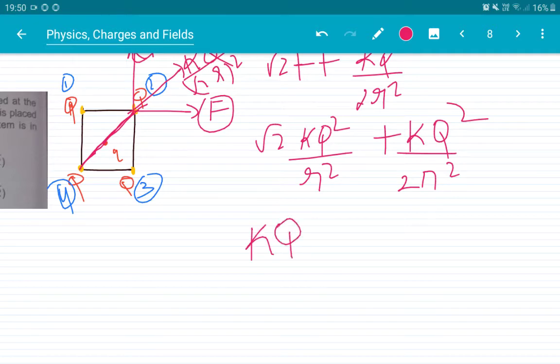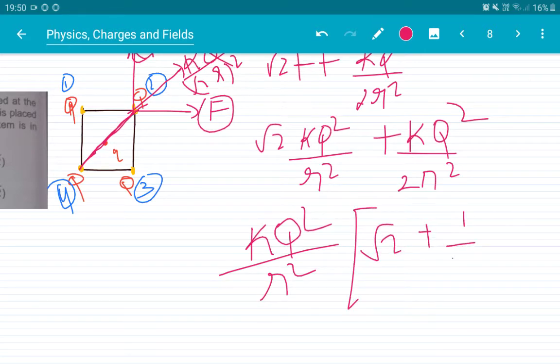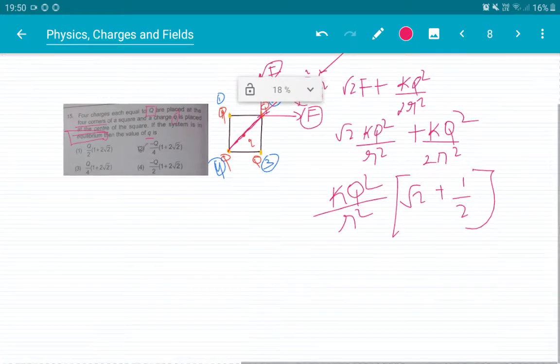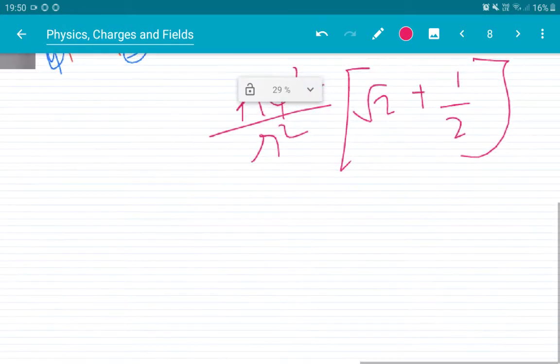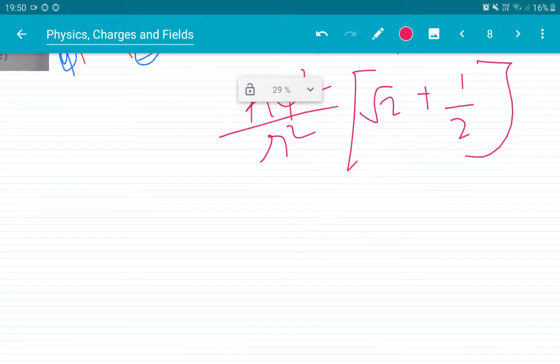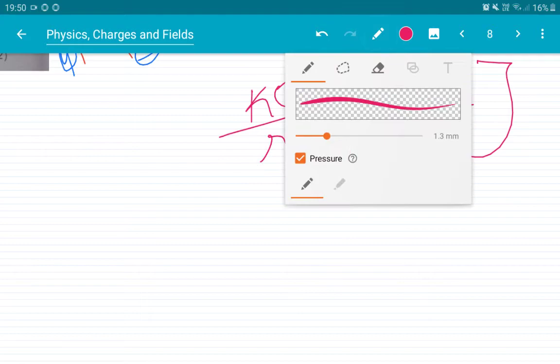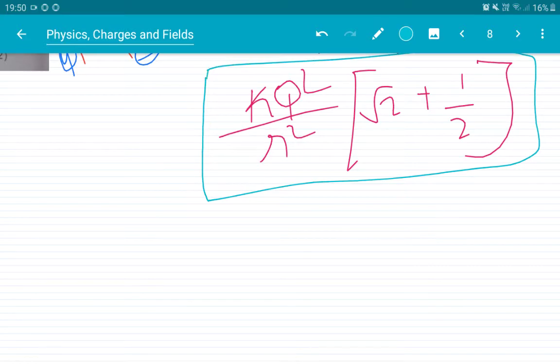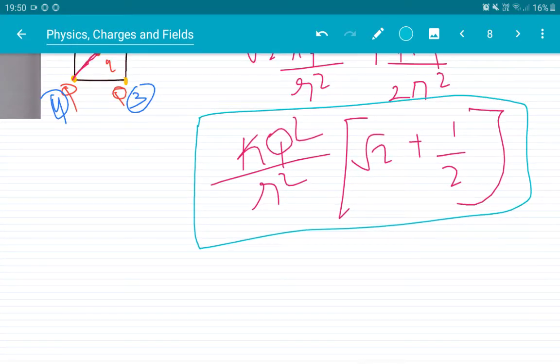Take it common, so root 2 plus 1 by 2. This is the net force by all the four charges acting on the Q at the corner of the square.